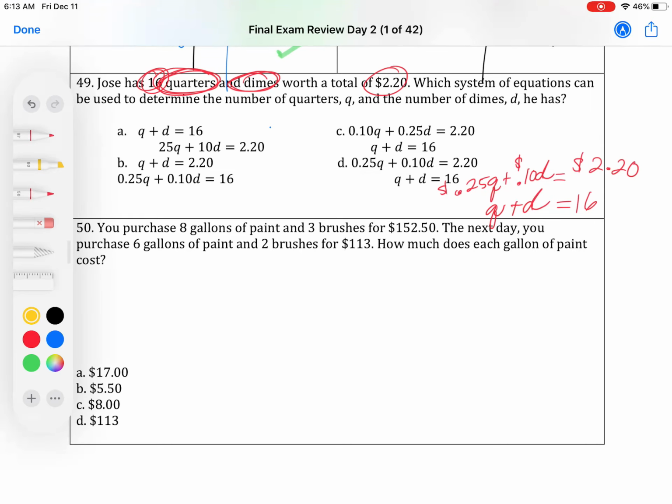Last but not least, number 50. What I have here, 8 gallons of paint and 3 brushes cost $152.50. So I write it just like that. 8 gallons of paint. My next equation says 6 gallons of paint and 2 brushes cost $113.